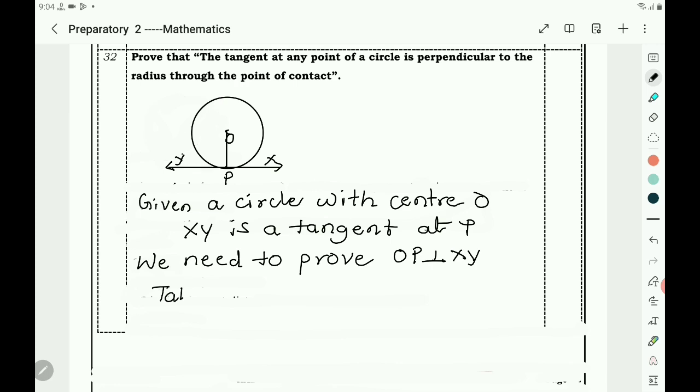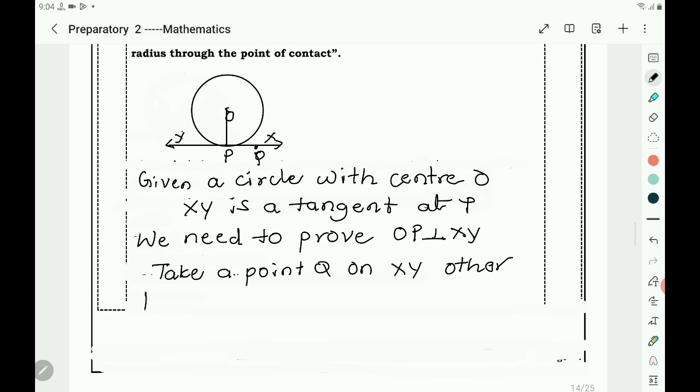Take a point Q. Here you take a point Q on XY other than P, and join OQ.